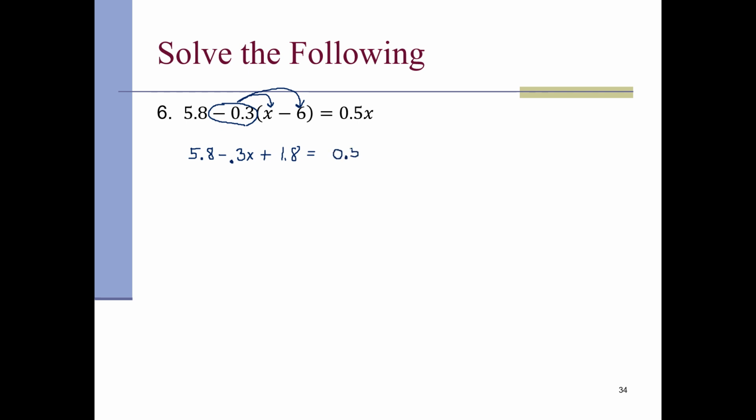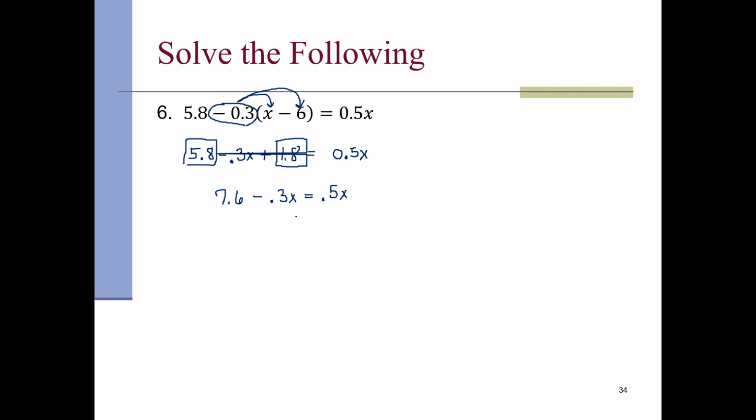Now, the next step, which is written in our notes as part of this first step, is the combining of like terms. And so you'll see here, I have the constant term 5.8 and the constant term 1.8 on the same side. And so I personally added those two together, and that gave me 7.6. I still have my minus 0.3x, and that's equal to 0.5x.